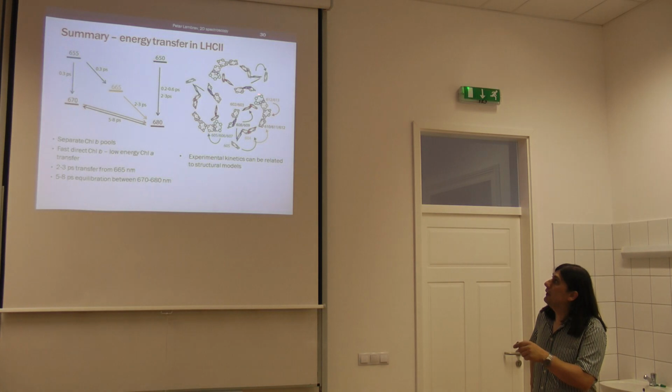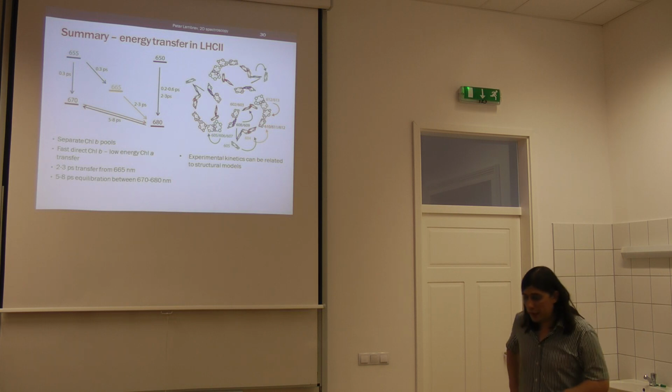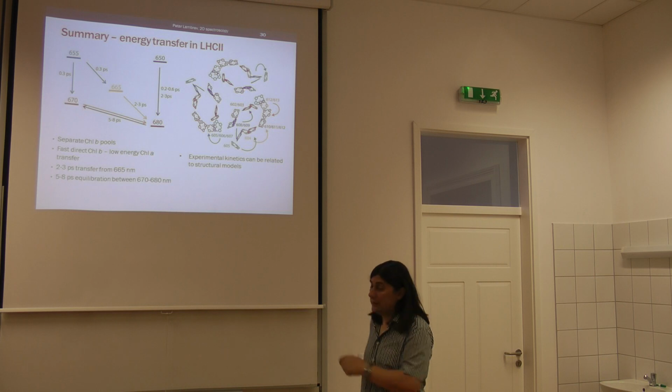But let's say if we take one pair of chlorophyll here, and let's say this will be that one. It will go very fast towards this intermediate state, but it will also go very fast towards the final state.